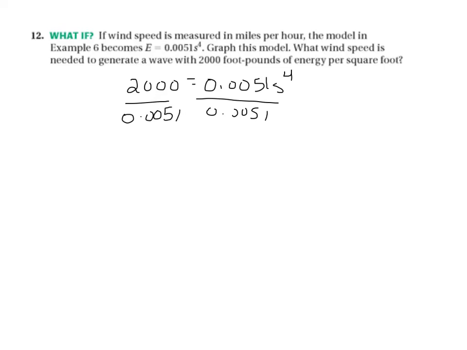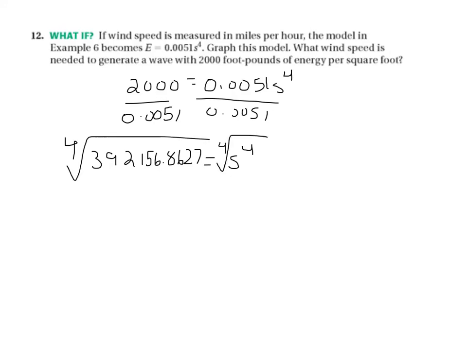So 2,000 divided by 0.0051, you get S to the fourth equals 392,156.8627. You should never round till the very end. Well, how do you do this? You take the fourth root.